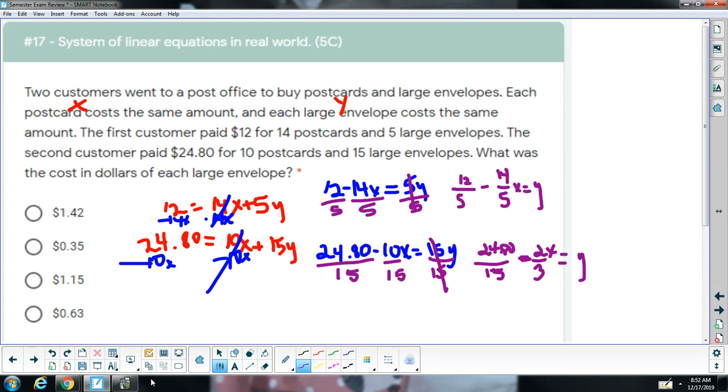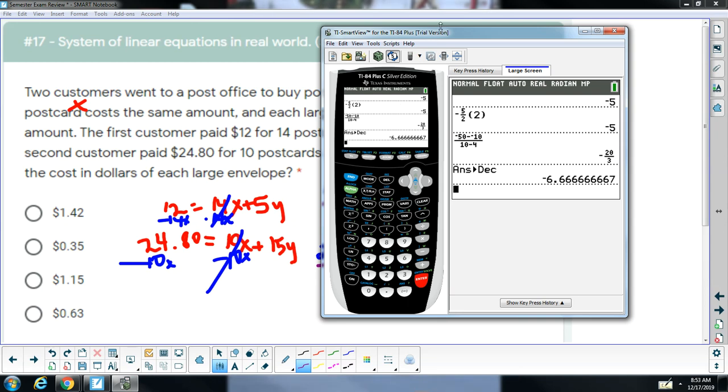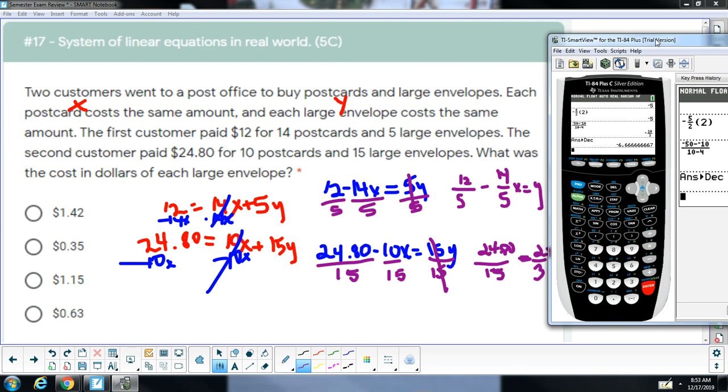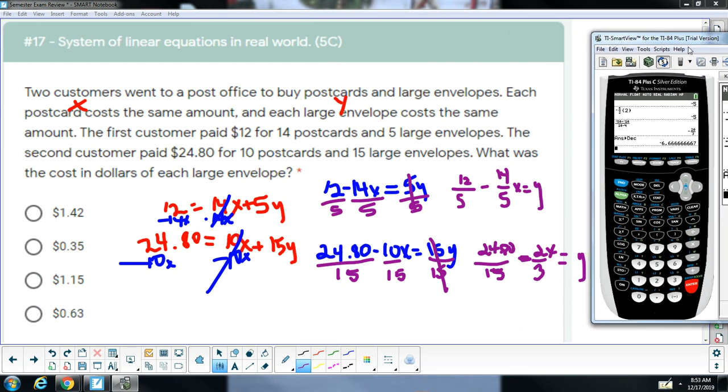So now I have my two equations. I'm going to put them in my y equals in my calculator so I can graph them and solve them. So y equals, clear these out. So my y1, alpha y equals enter, 12 over 5 minus alpha y equals enter.